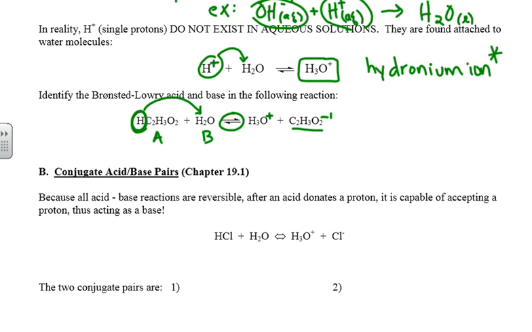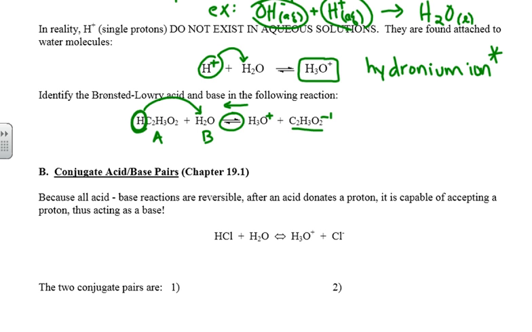So let's look at the product side and try to figure out which one of these two substances, the hydronium ion, the H3O+, or the acetate ion, the C2H3O2, if we look at the reaction in reverse, is giving away its hydrogen? Well, you have to think like you're reading this sentence from right to left.